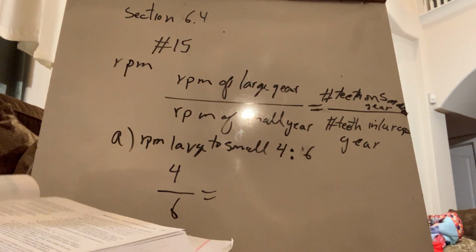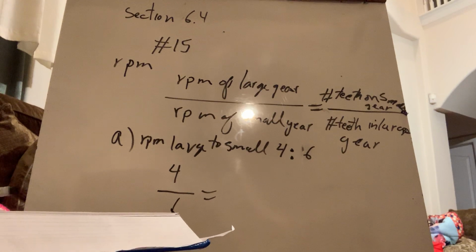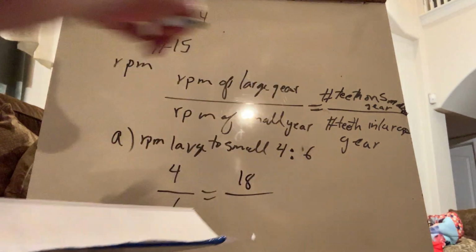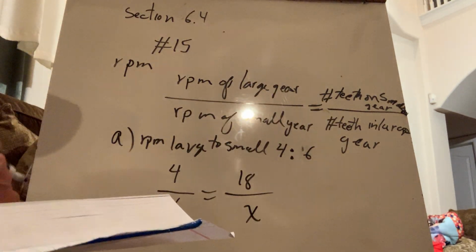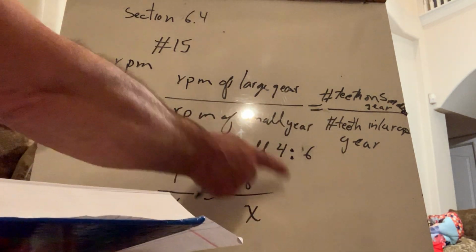They give you one of these, and they want the other one. It says if the small gear has 18 teeth, then 18 goes up here, and they want to know how many teeth the large one has. I'm going to call that X. So there is your beautiful proportion.